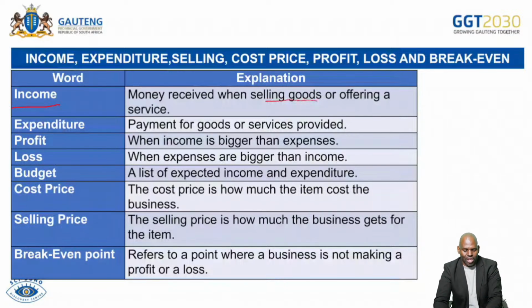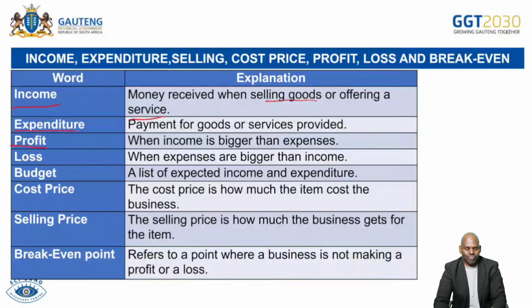Expenditure. If the examiner asks you to define expenditure, what are you going to say? Just to give an idea, it is payment for goods or services provided. If you pay for goods or services provided, that will be regarded as an expenditure.